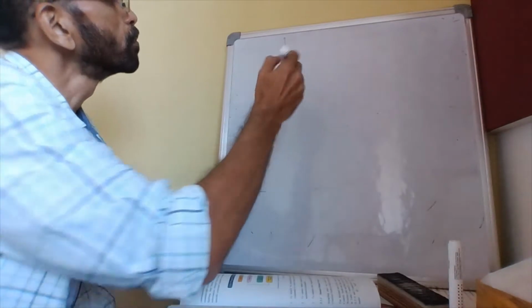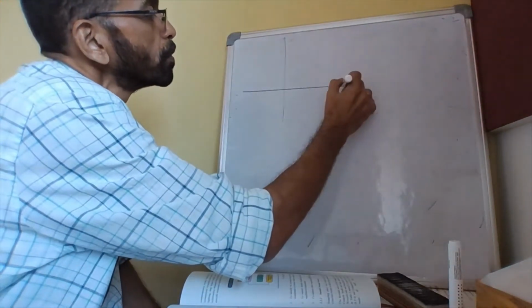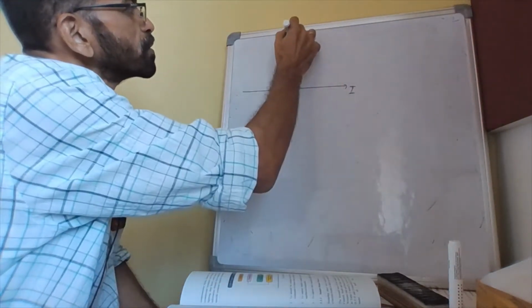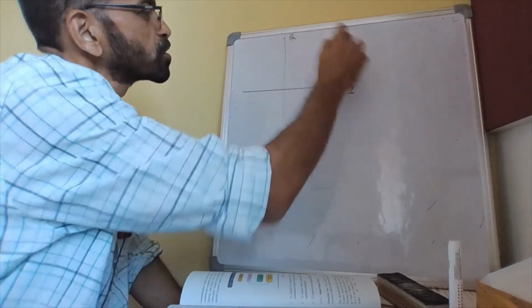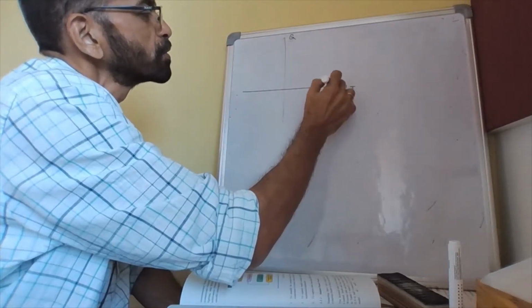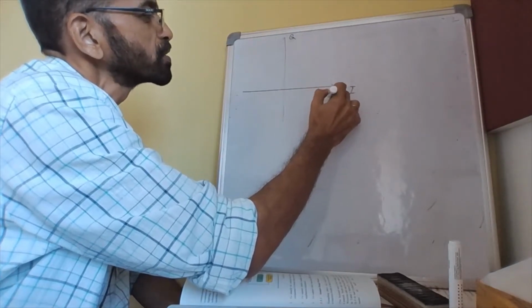We will have in phase and quadrature axes, and I draw a slightly exaggerated version because I need space to mark certain things here.